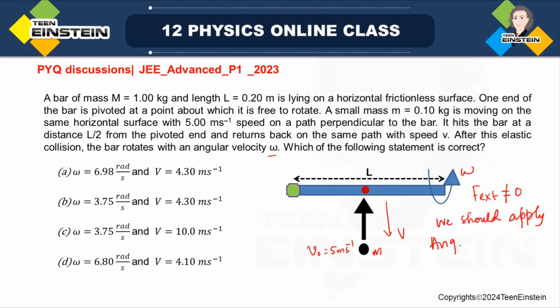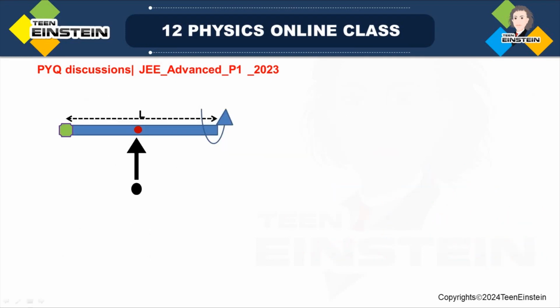angular momentum conservation. Okay, so let us try to apply angular momentum conservation. So initial angular momentum will be just due to this small mass, m v0, and this is hitting at L by 2. This is actually the initial angular momentum, m v0 L by 2.